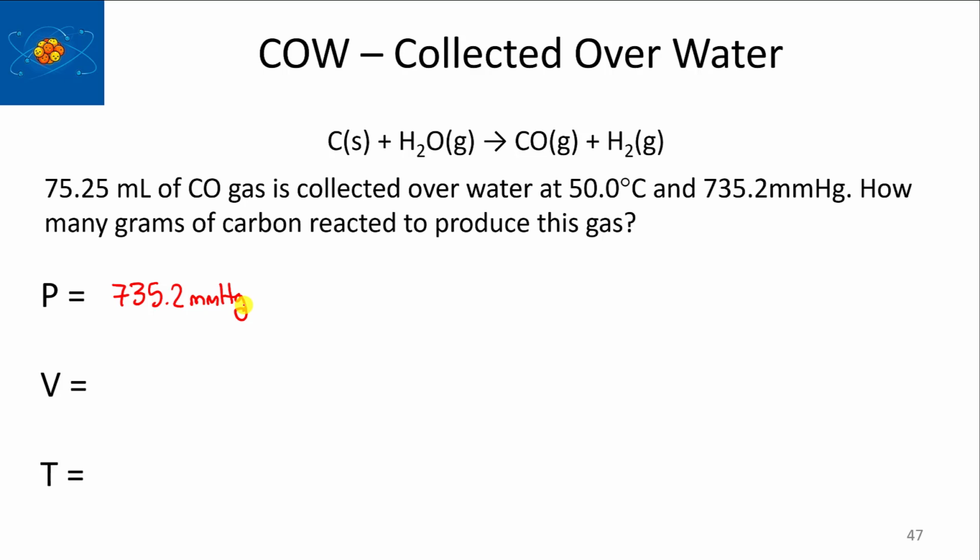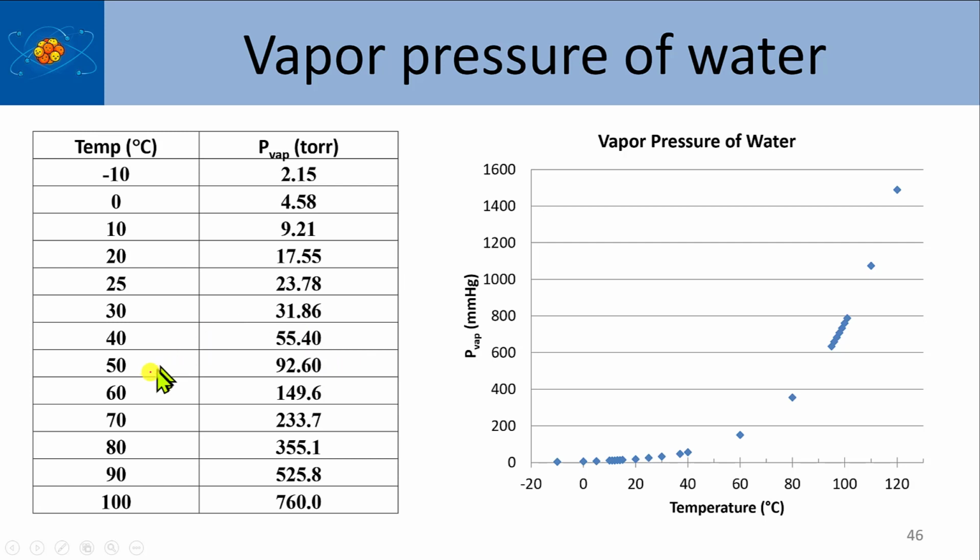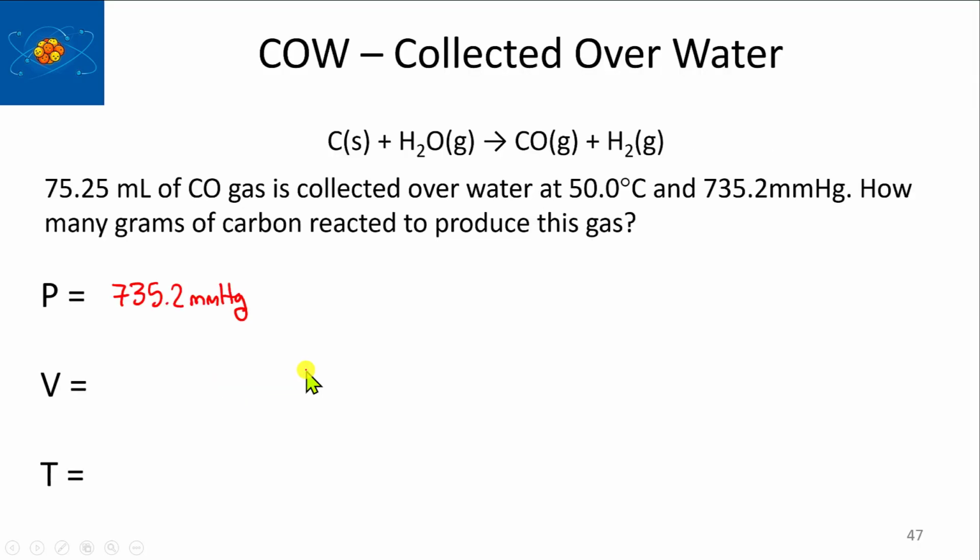And then we need to look up the water vapor pressure at 50 degrees Celsius, and what we have at 50 is 92.60 torr. So I'm going to do this, minus 92.60 torr, but I'm going to change that into millimeters of mercury.